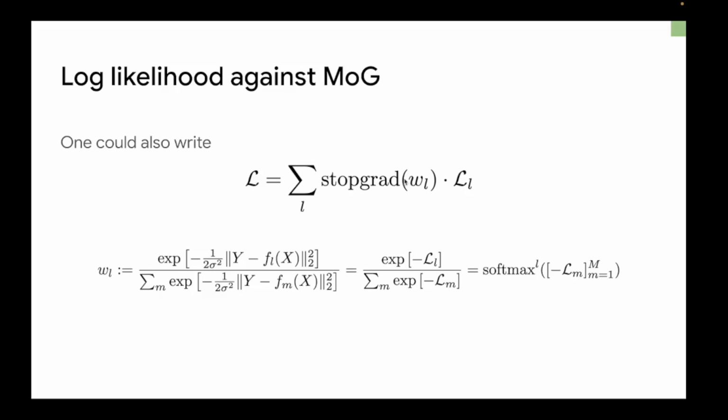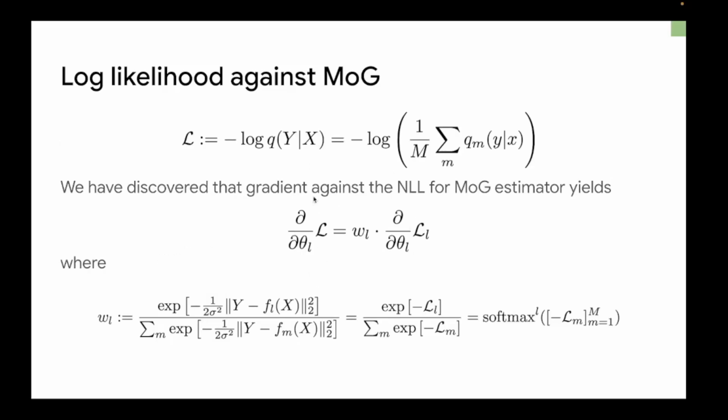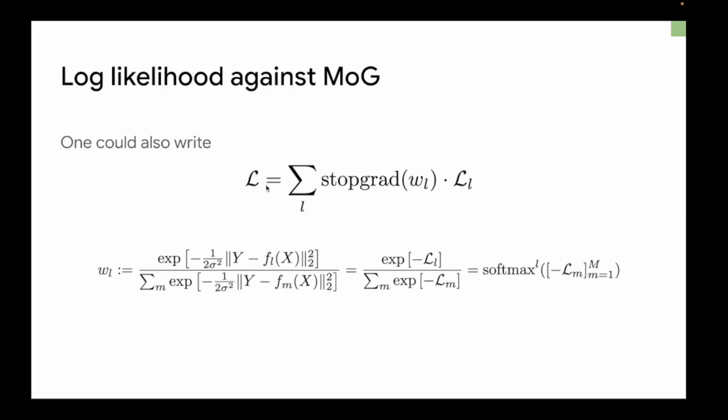Instead of saying the gradient looks like this, you can also say, actually, you can turn the log likelihood over the mixture of Gaussians into this simple summation over individual losses where you put some weight on top, but you're not training through this weight. You put stop grad to make sure that you're not training the parameters through this w_L.